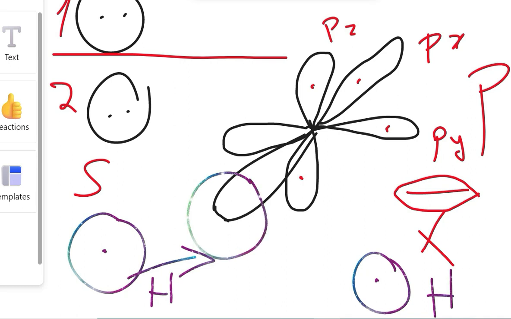The electron that was already residing in the s sphere of the hydrogen, so this is the space where we can find now this electron, which is the space shared by both the s sphere of the hydrogen and the p orbital of the oxygen.